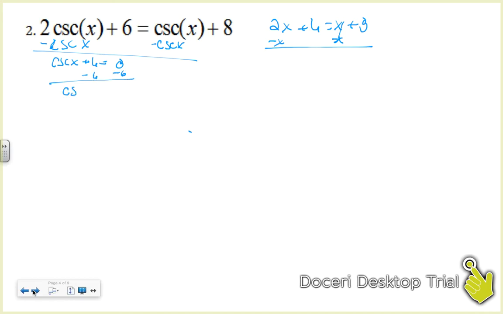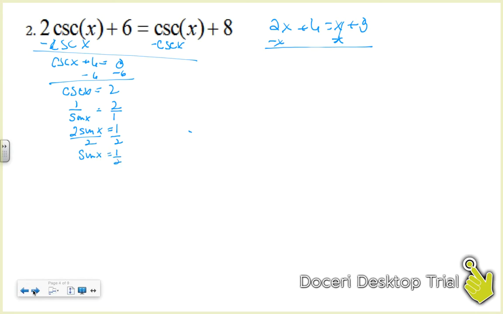I get cosecant x is equal to 2. Now, it's easy to deal with sine and cosine on the unit circle, but cosecant is not readily identified. So it's better to put it in terms of sine, and I would just make cosecant as 1 over sine and then do cross products. Divide by 2. And so now we're going to be looking for when sine is equal to 1/2.